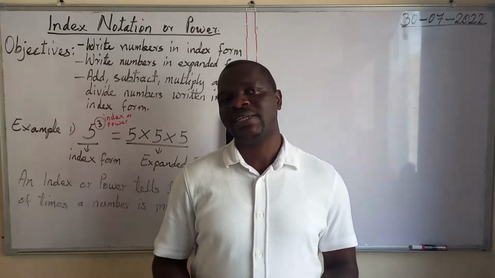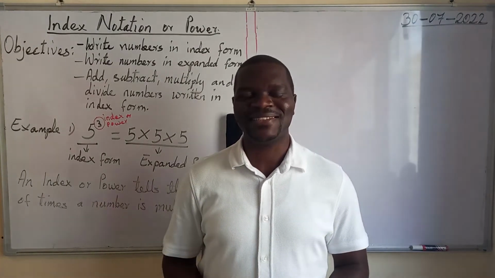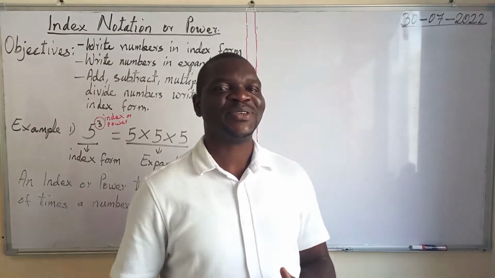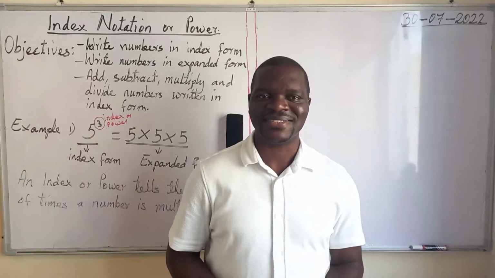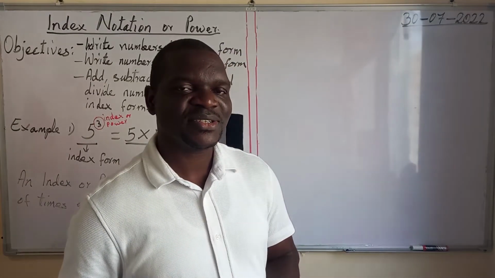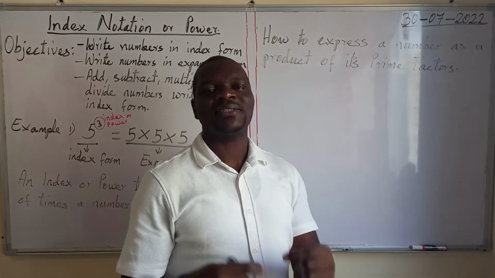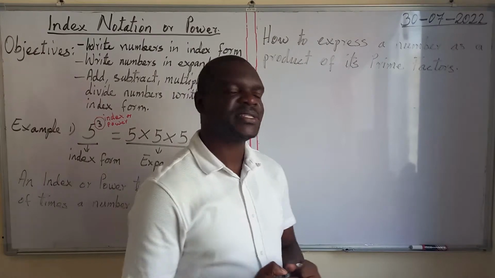Today we'll be looking at index notation as we promised in our last lesson. But before we go into index notation, we want to first of all do a quick review of our past lesson. And this is what we have. How to express a number as a product of its prime factors. How do we do this?